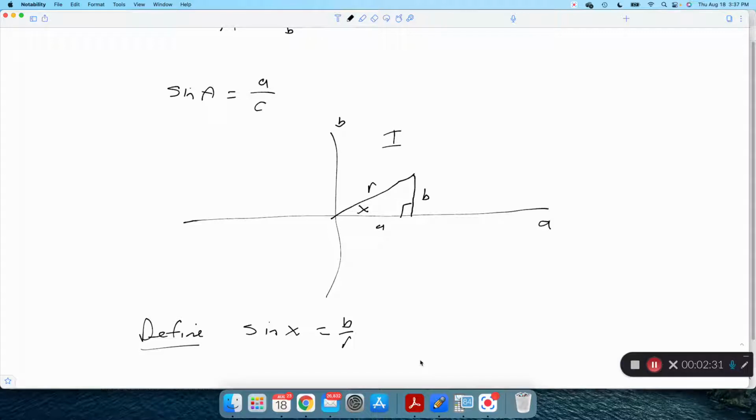Nothing fancy happened there other than I'm calling the angle x. That's just opposite over hypotenuse, nothing special.